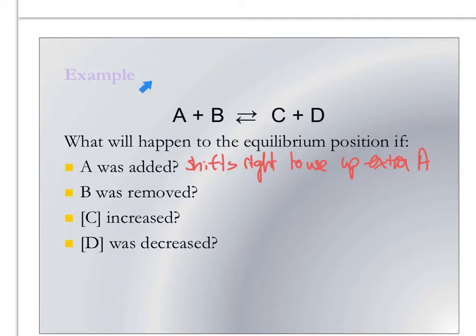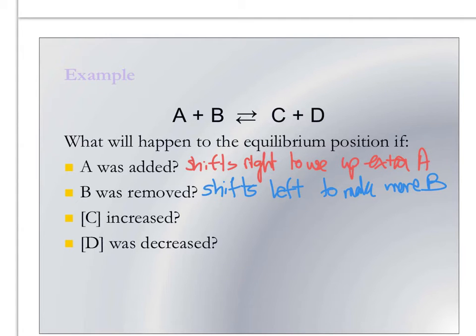If I go left, then I make up more B for the B that I lost. So we'll say shift left to make more B.